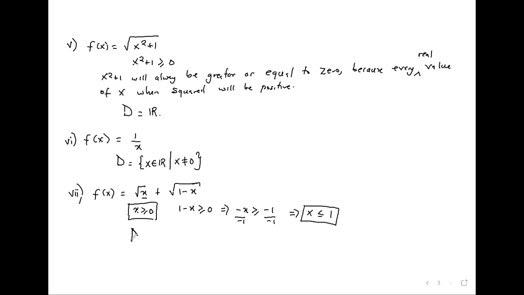So our domain will be the intersection. You start from 0, it must be less or equal to x, but this very x must be less or equal to 1, provided they are real numbers. I can write this also as 0 to 1.